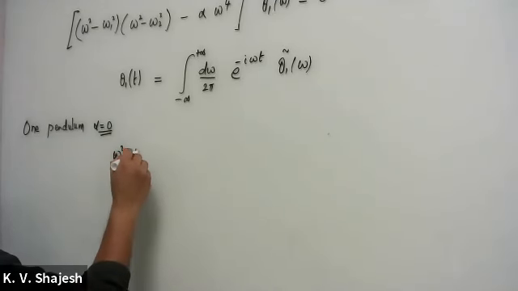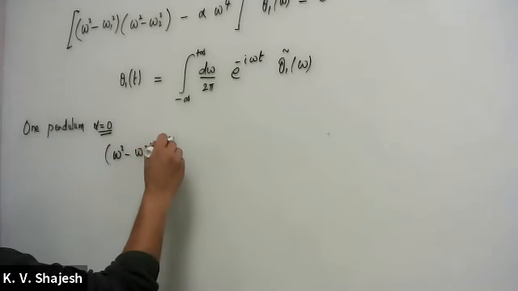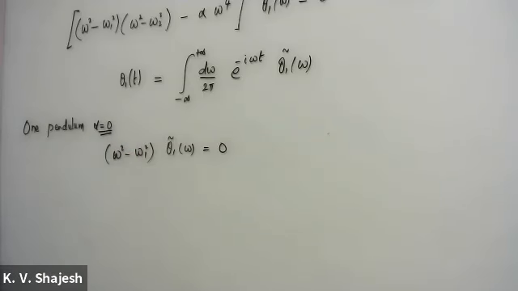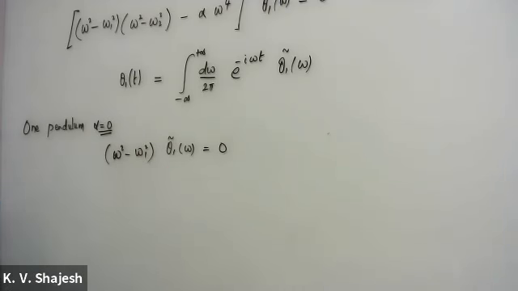Omega squared minus omega 1 squared times theta 1 tilde of omega is equal to 0. What does this mean now? This means that either this is equal to 0 or that's equal to 0. If an equation is equal to 0, there are two pieces to it. Either one of them is 0.